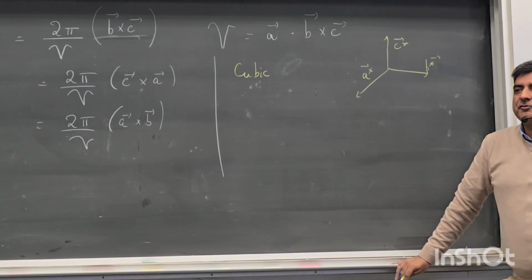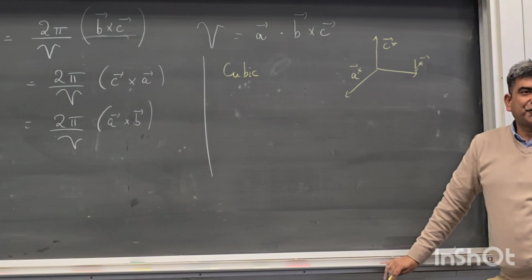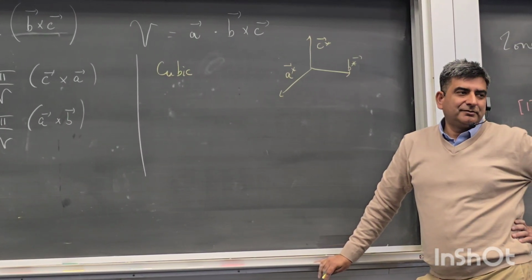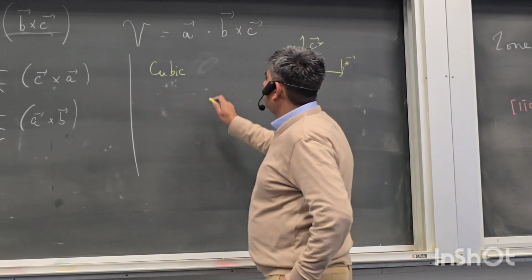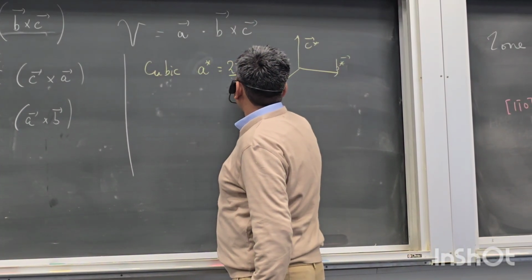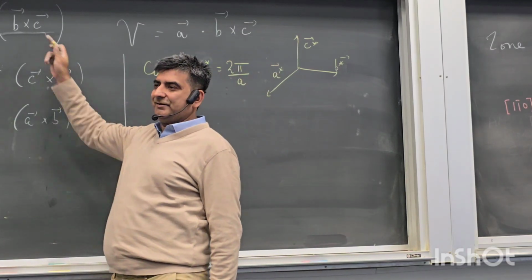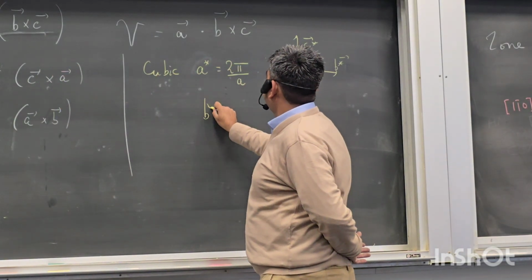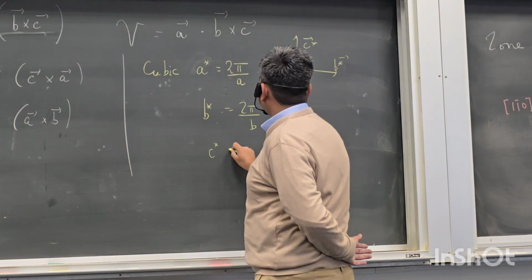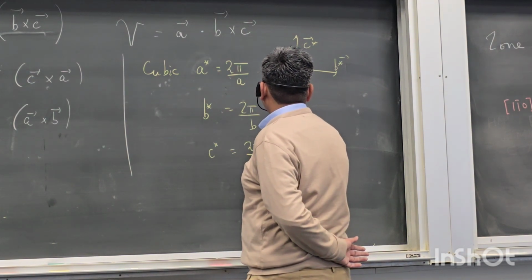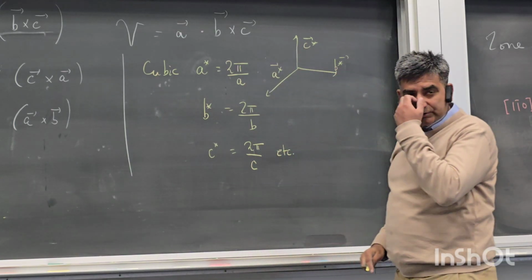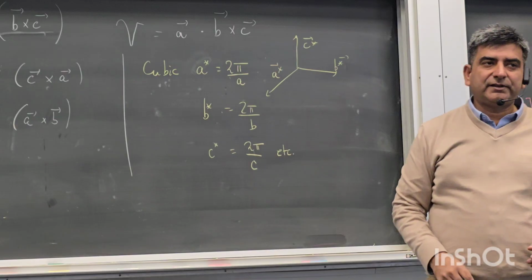They will be perpendicular to one another in the cubic system. So for cubic, the reciprocal lattice will also be cubic. And for cubic, A star will be, of course, 2 pi over A, because B cross C is A. B star is 2 pi over B. C star is 2 pi over C, etc. Right? So this is the meaning of the reciprocal space.